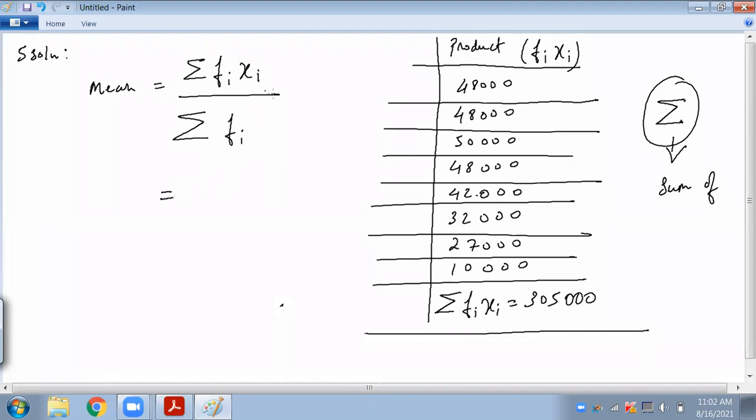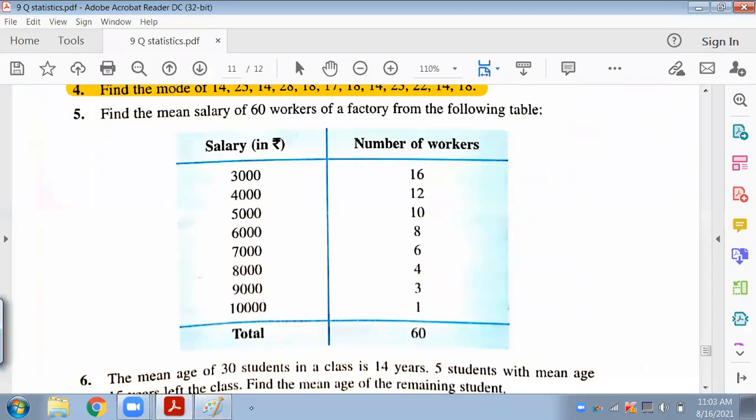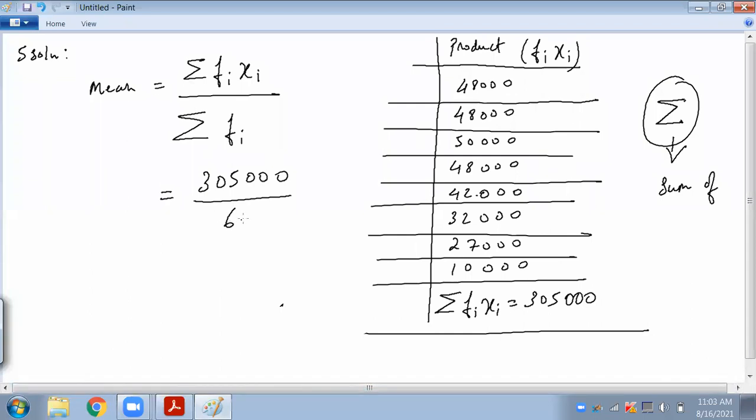Now sum of Fi Xi, how much did you get? 305,000. That is the total of the products. And sum of Fi means the total of the frequency, which was given in the table also. It is 60. So divided by 60.